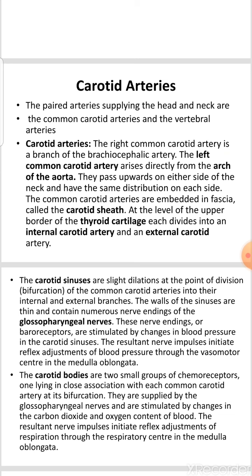If we talk about the course of these arteries, after arising from their sides, they run upwards behind the sternoclavicular joint in front of the trachea, enclosed in the carotid sheath. Now, what is the carotid sheath? Carotid sheath is basically the fibrous connective tissue that surrounds the vascular compartment of the neck and is a part of the deep cervical fascia of the neck.